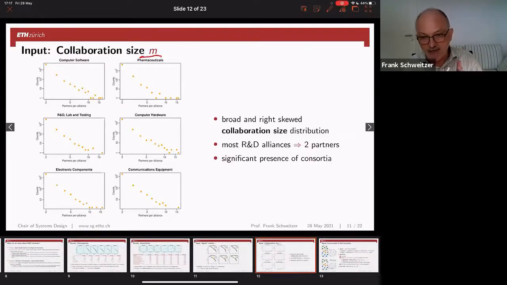How many firms form such a cluster or such an alliance? And what we see here is, again, this very broad distribution that we find all the time. Most firms are part of a cluster of very small size, but a few firms form very large consortia. We call these alliances or consortia of firms that collaborate for research and development. And this size of the cluster or of the alliance is also taken as an input parameter for our model.